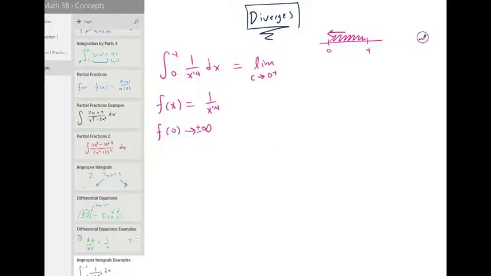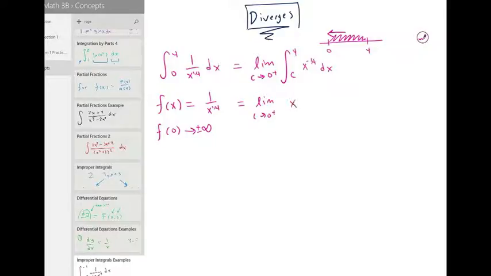So we take the limit as c approaches 0 from the right of the integral from 4 to c of 1 over x to the 1/4 dx, and we can rewrite this as x to the negative 1/4. Let me evaluate this integral.